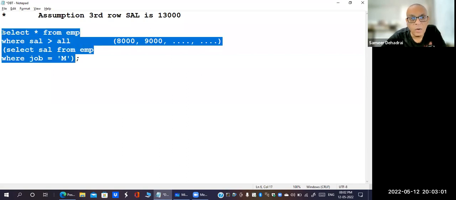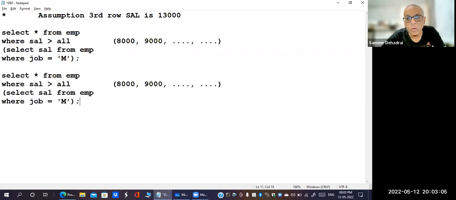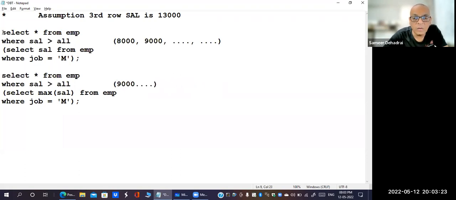If you want to make it work faster, in fact, the fastest way of doing it is in subquery, you find out the maximum sal of manager. Here, my subquery returns only one value, that is 9,000.